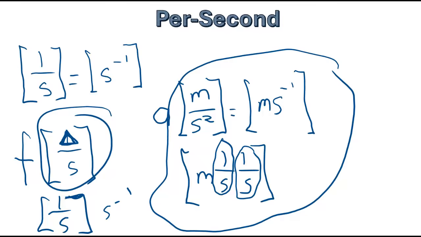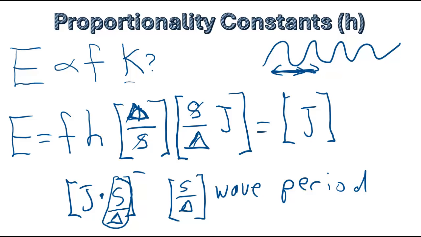Looking at Planck's constant from the perspective of a proportionality constant makes it very clear that we need a symbol for the unit of the cycle, and then you get what I believe to be a better interpretation of the units of Planck's constant as the energy of one wave period. Hopefully that makes sense, and this is the main reason that I wanted to make this video, to make this particular point.